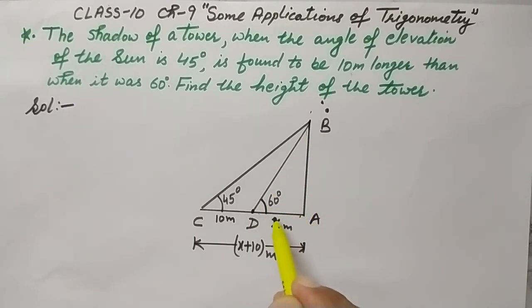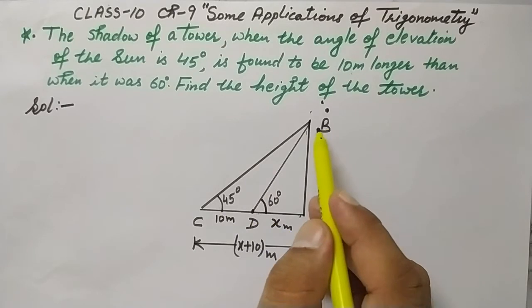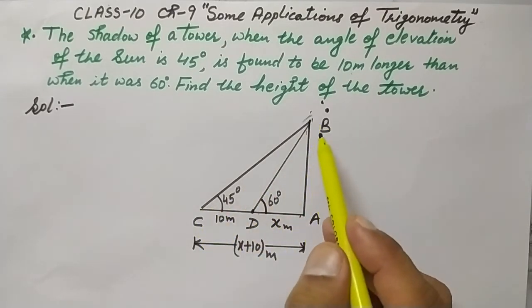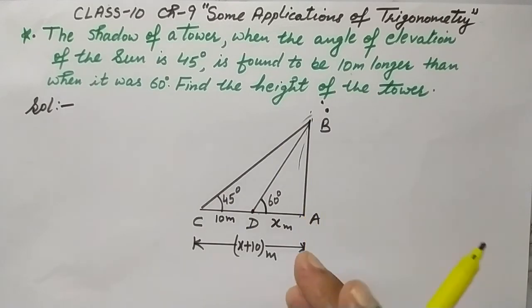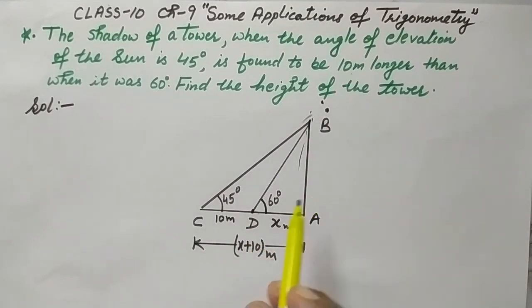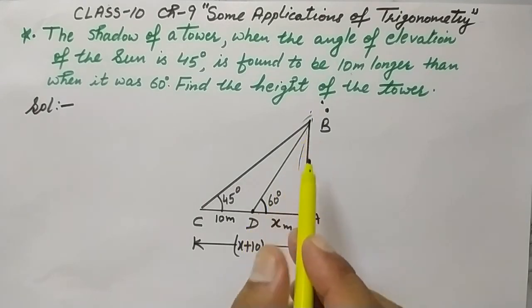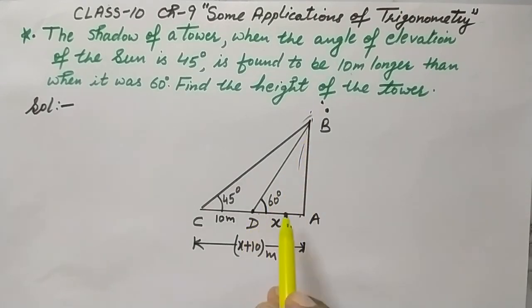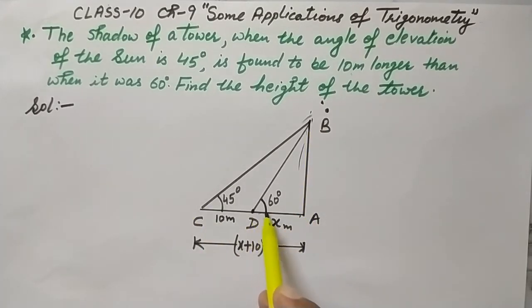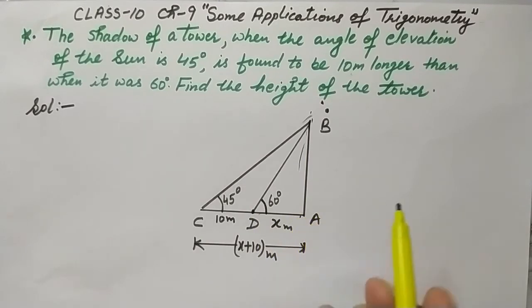Then in the bigger right angle triangle ABC, we will find the value of AB, and then we will substitute the value of x from equation 1. Again I repeat, in the small triangle ABD we will find the value of x, and in triangle ABC, when we find the value of AB, we will put in the value of x from the previous equation. So let's start the question, then you will understand what to do.